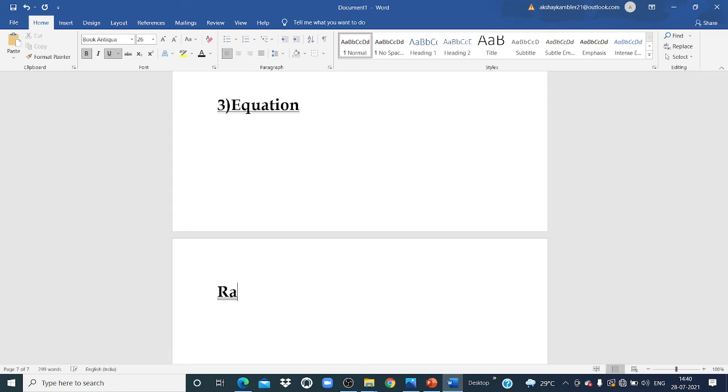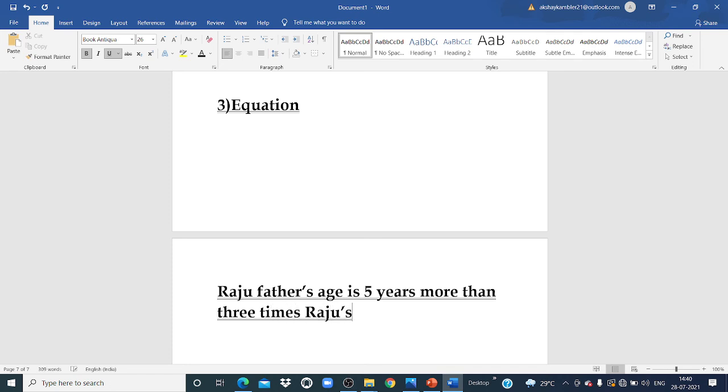We will solve it just now. Everyone write down fast. Raju's father's age is 5 years more than 3 times Raju's age.